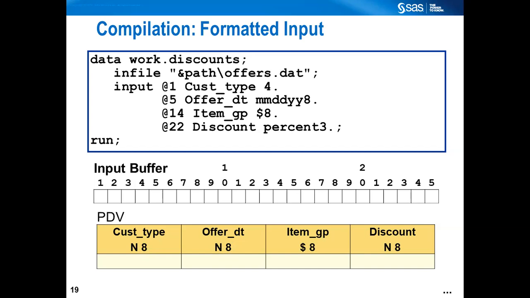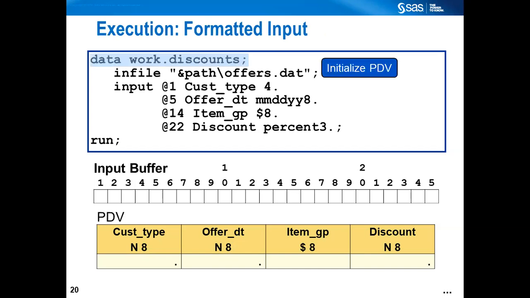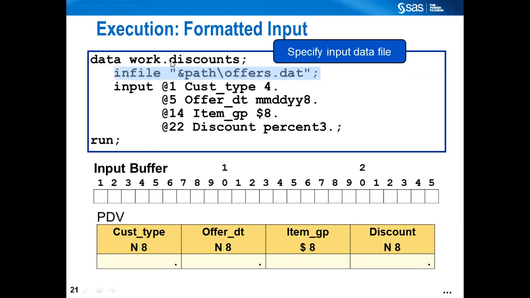Okay. During execution, your PDV is vacant at the initial phase, hence it gets initialized to missing. Numeric variables are initialized to missing as a period, character variables with a blank. Now when it reads infile, SAS knows the path to read this raw file.